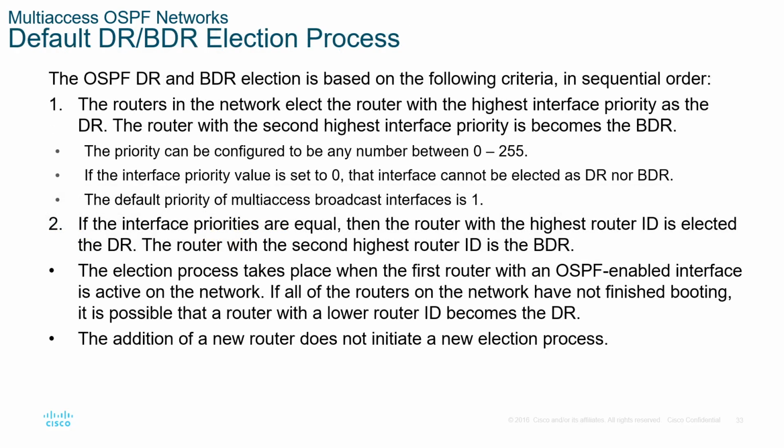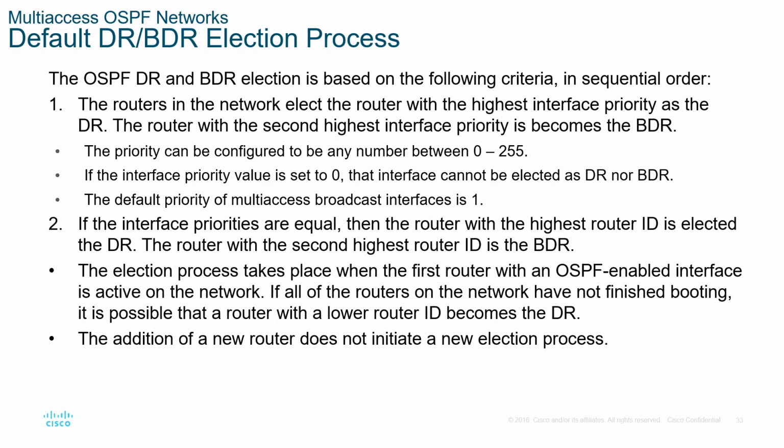Yeah. All right. Election is based on the following criteria. The first thing is priority. Priority is a value from 0 all the way to 255. The default is 1, and you need to know that as well. We saw it in the previous slides when you saw the information about the 3 routers.